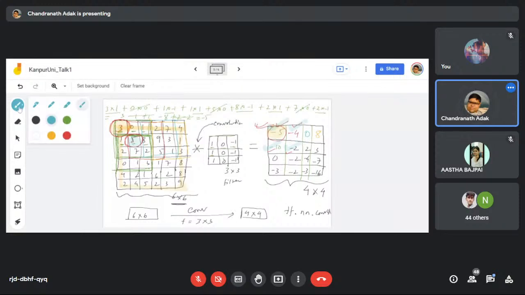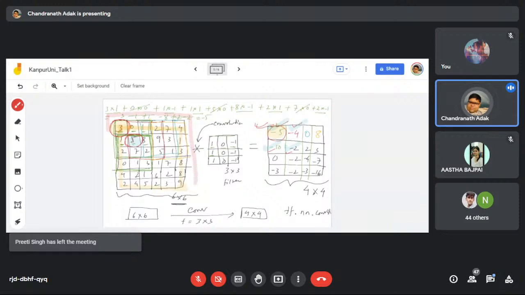That means if we increase the outer boundary of this image, in convolutional neural network terminology, if we add some pad, this technique we call padding.